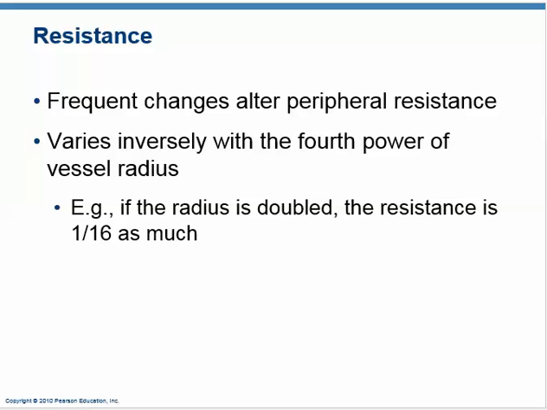Well, 60% blockage means that it takes 81 times more force to move the blood to that part of the heart. A 90% blockage is 10 times 10, which is 100, times 10, which is 1,000, times 10, which is 10,000. So a 90% blockage is 10,000 times more resistance. There's 10,000 times less flow at the same pressure.